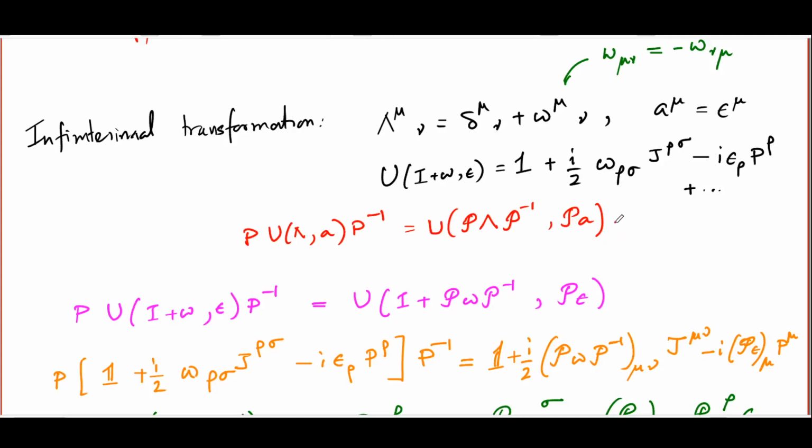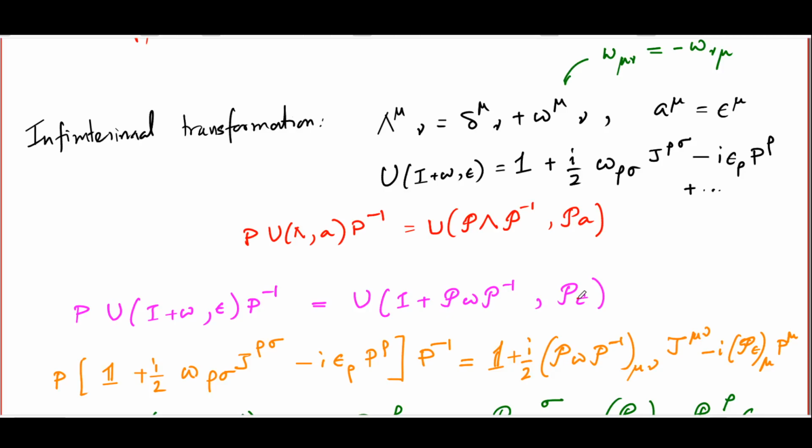So starting from this rule, what we see is P U(1+ω, ε) P⁻¹ must be given by U(𝒫 1 𝒫⁻¹, ...), where 𝒫 identity 𝒫⁻¹ is of course just the identity, plus 𝒫ω𝒫⁻¹, and the translation, where of course in the infinitesimal transformation the parity matrix 𝒫 acts on the translation ε.